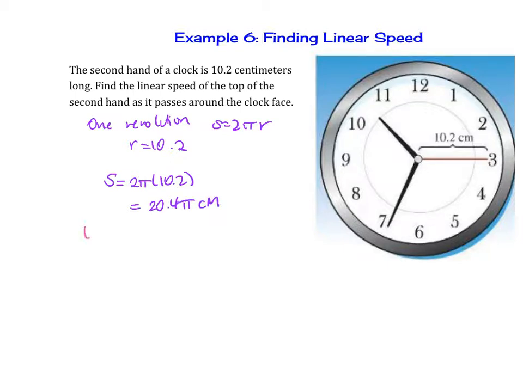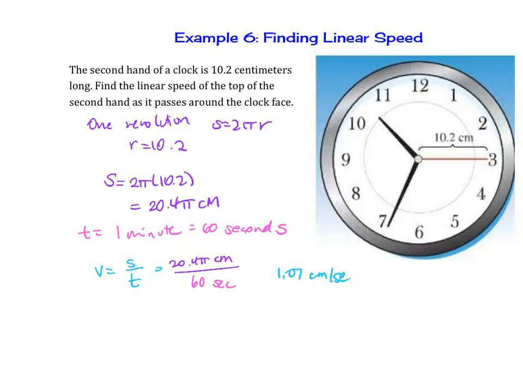Now we have to remember that time is 1 minute, and we're going to say instead 60 seconds. So we use v equals s over t, which is 20.4 pi centimeters over 60 seconds. And so when you find the answer, this is 1.07 centimeters per second.